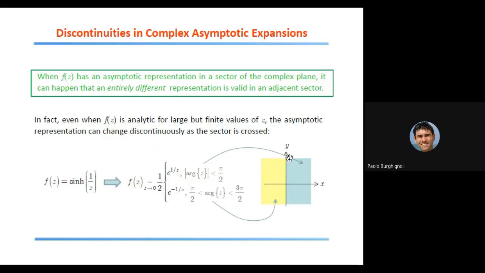So you can see here you have a Stokes discontinuity again along the imaginary axis, which separates the two different representations. Okay, so you don't have a single asymptotic expansion, but you need at least two.